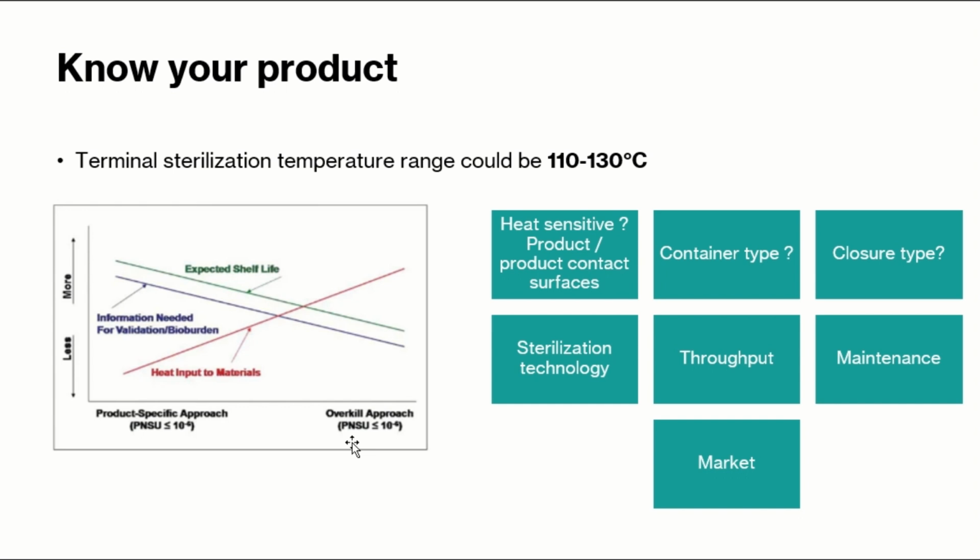But the product specific approach is where your product is not really heat stable. You could sterilize it even at less than 121. You can go down to 110, which is still considered a sterilization temperature. If you go below 110 degrees, it may be a heating process, and may not be called a sterilization process.